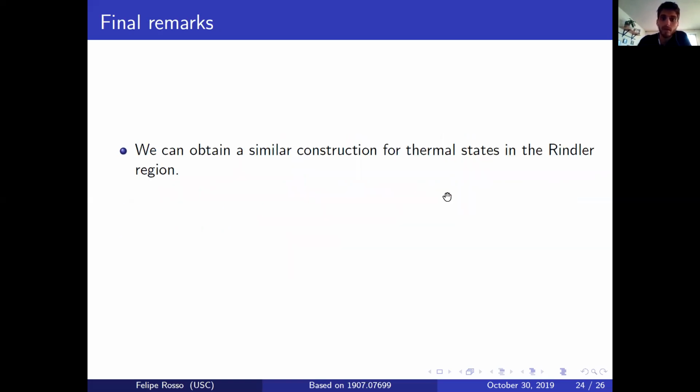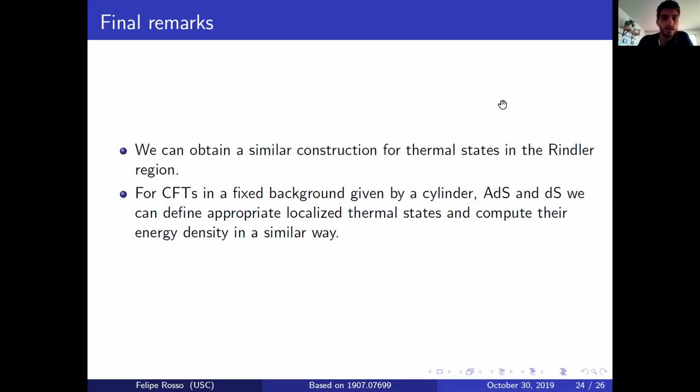So in the paper, I've also worked out the case for the half space, that is to say the Rindler region, and you get an analogous set of very similar results. I haven't done the calculation for other cases in which you can actually do it.